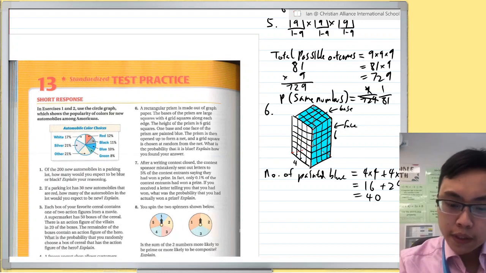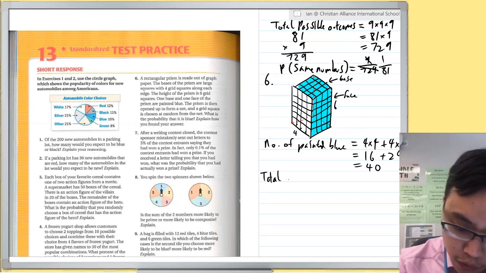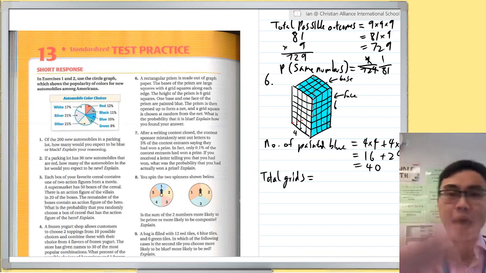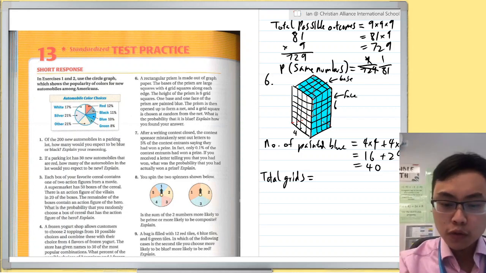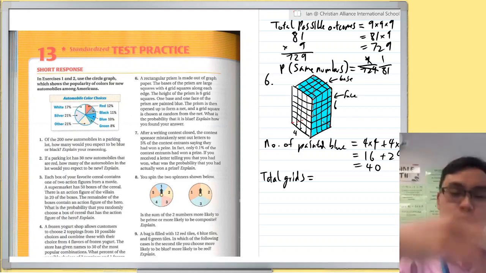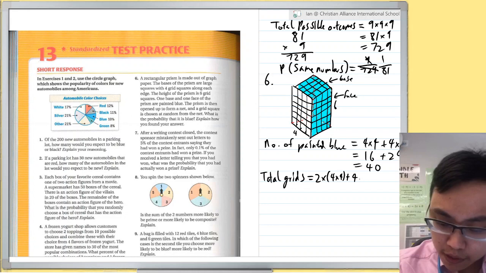Now, altogether, how many total grids are there? So the total grids is going to be, well, there's 4 times 4, the top and the bottom, so we need to multiply that by 2. And in the face, there's going to be 4 faces at the 4 sides. And so that's going to be 2 times 4 times 4, plus 4 times 4 times 6.